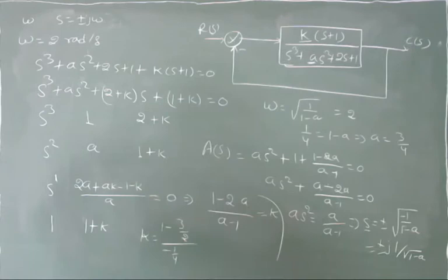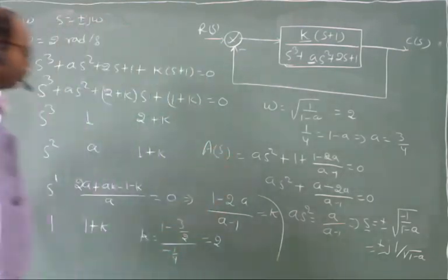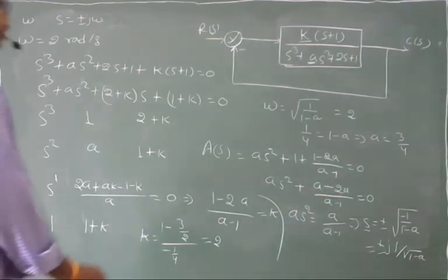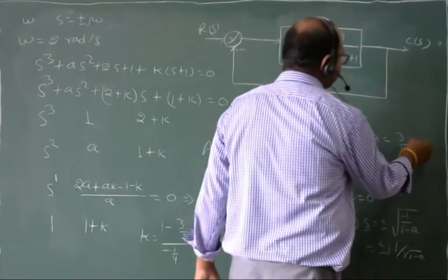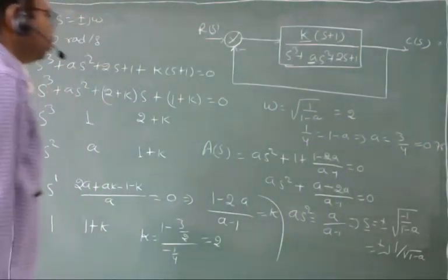Minus 1 by 2 divided by minus 1 by 4 is 1 by 2 divided by 1 by 4, which is 4 by 2. It means 2. So k is 2 and a is 3 by 4, or 0.75. 0.75 is a, and k is 2, right?